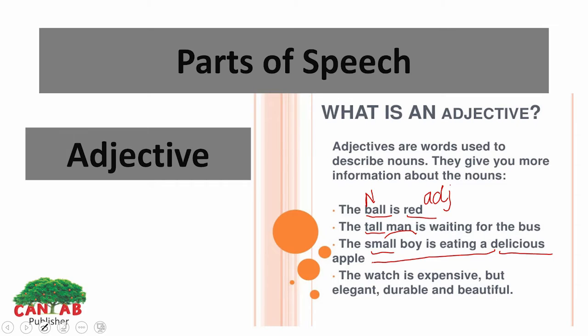The watch is expensive but elegant, durable and beautiful. We have 4 adjectives in this sentence. Expensive, elegant, durable and beautiful. All these words are describing the noun watch.